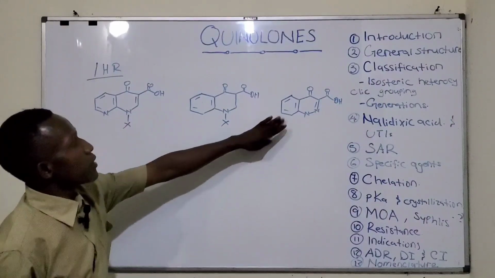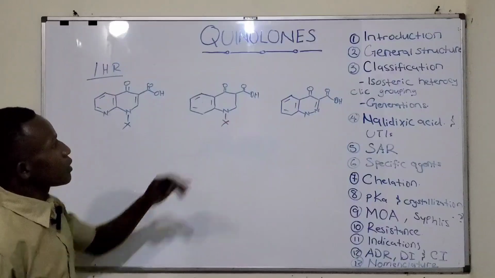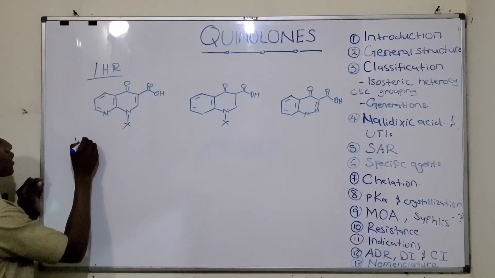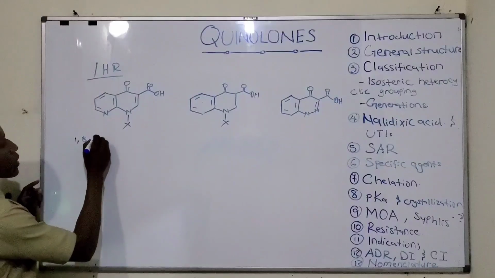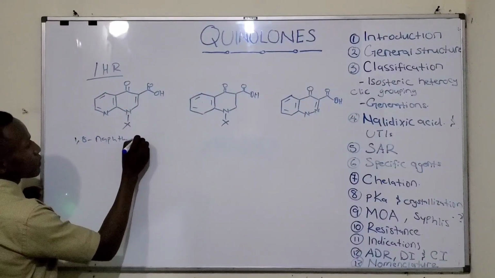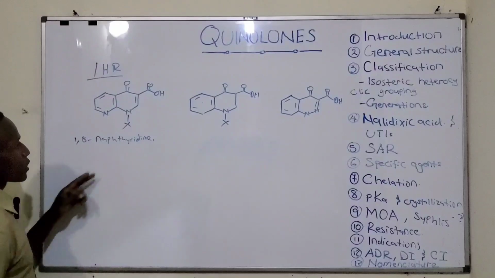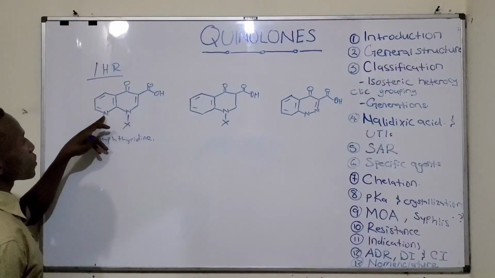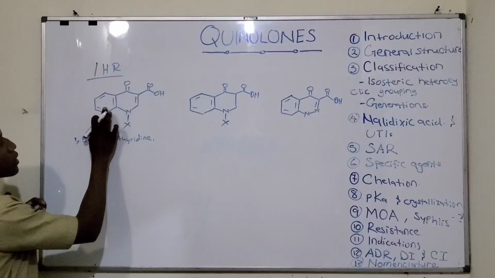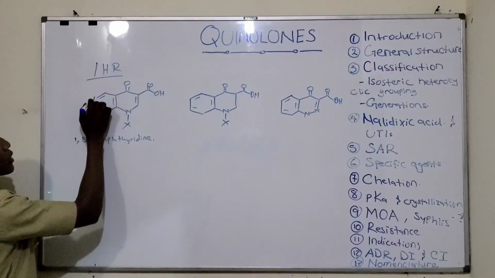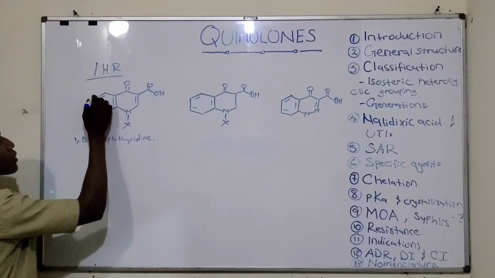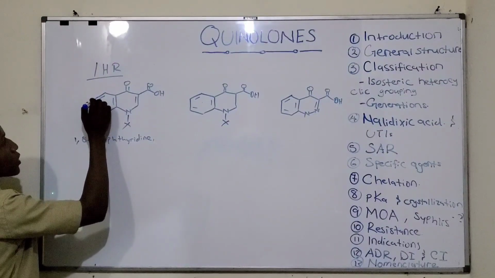So these are the three rings. Now this one is 1,8-naphthyridine, with the nitrogens at position 1 and position 8. But we may have 1,6 here and here. So this carbon can be changed to nitrogen.